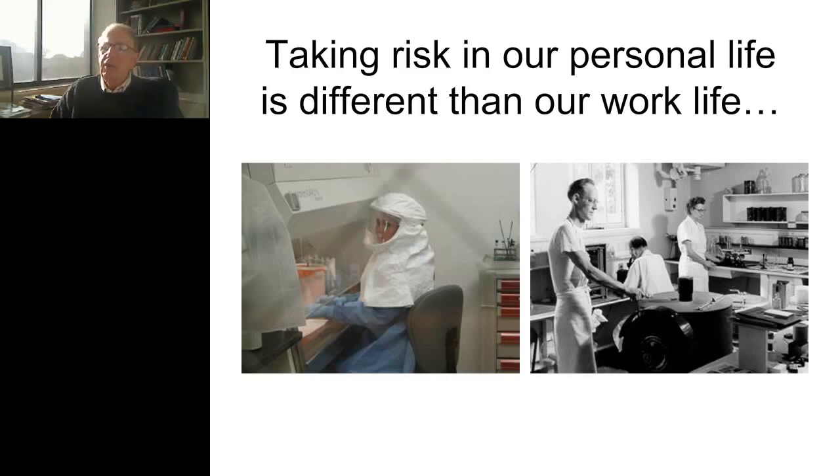Compare that to the slide on the left, where someone is working in a BSL-3 laboratory, working inside a biosafety cabinet, using a PAPR, wearing gloves and gown, and, which the picture doesn't show, I know the person was wearing shoe covers as well. So in this slide on the left, we're taking full precautions at biosafety level 3, something that would not have been done at the State Hygienic Lab in the 1950s.